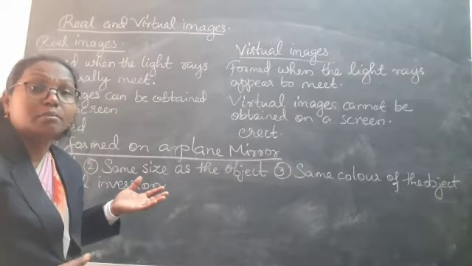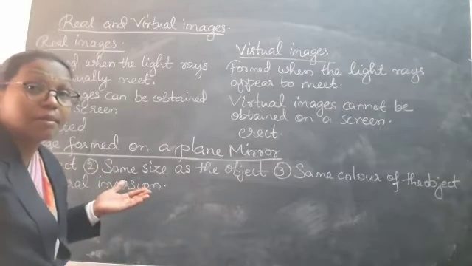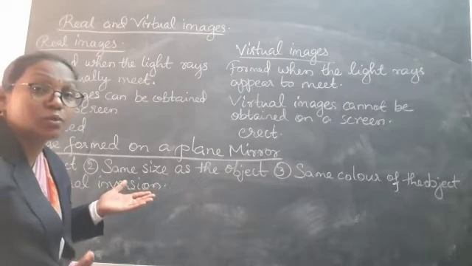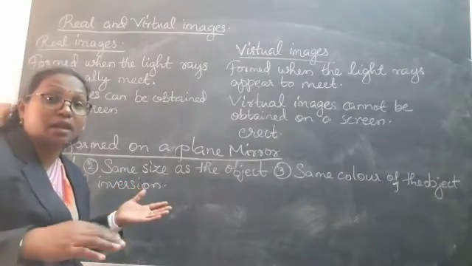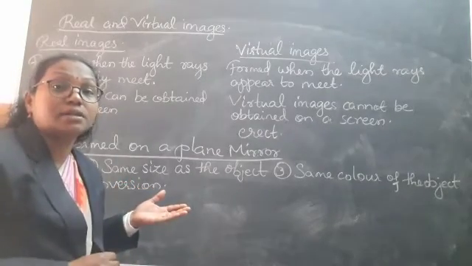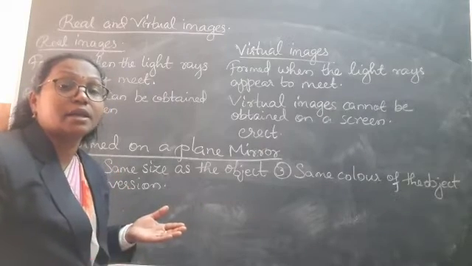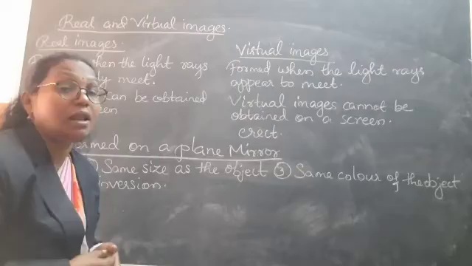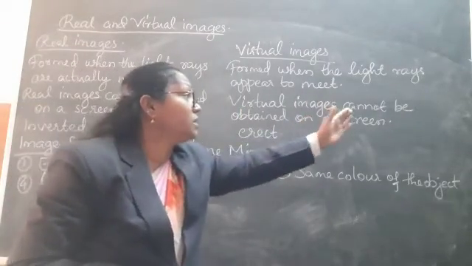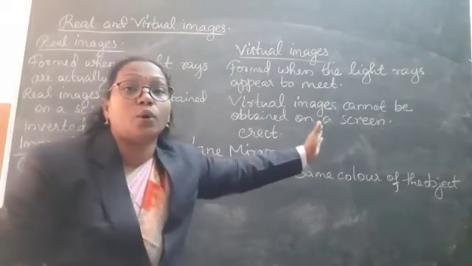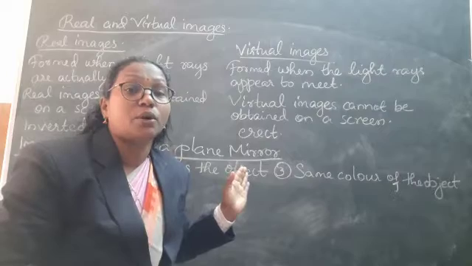For example, many printouts we can take from the camera, the image that is obtained on a camera or on projectors in the cinema theaters, the film that we are watching on the screen, that is also an example of real images. Then the virtual images cannot be obtained on a screen.